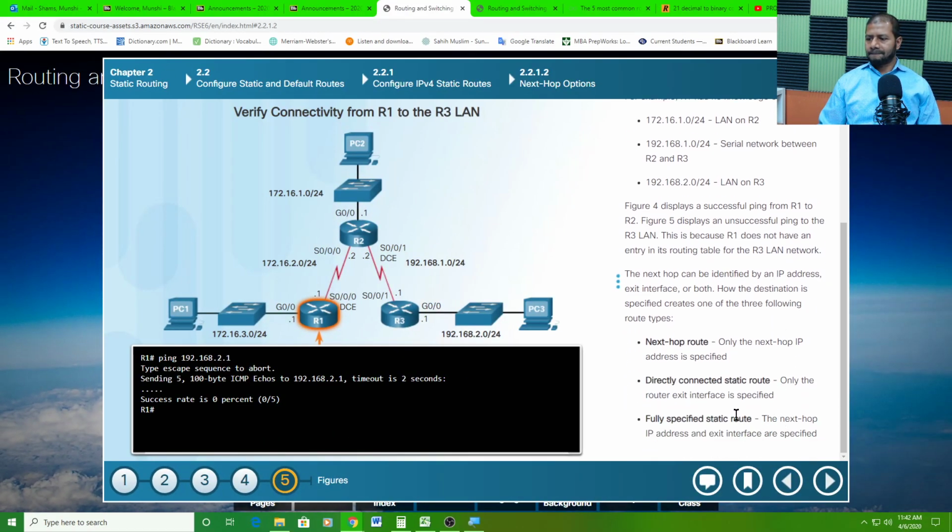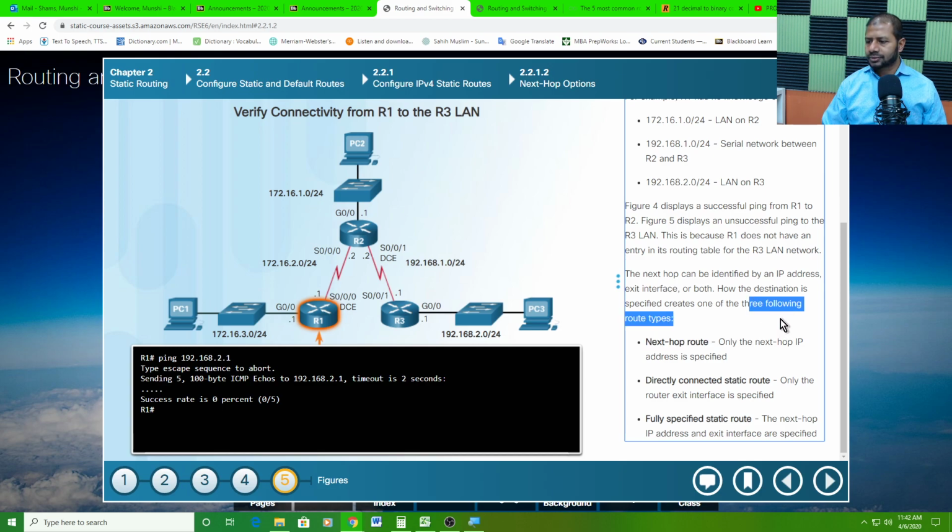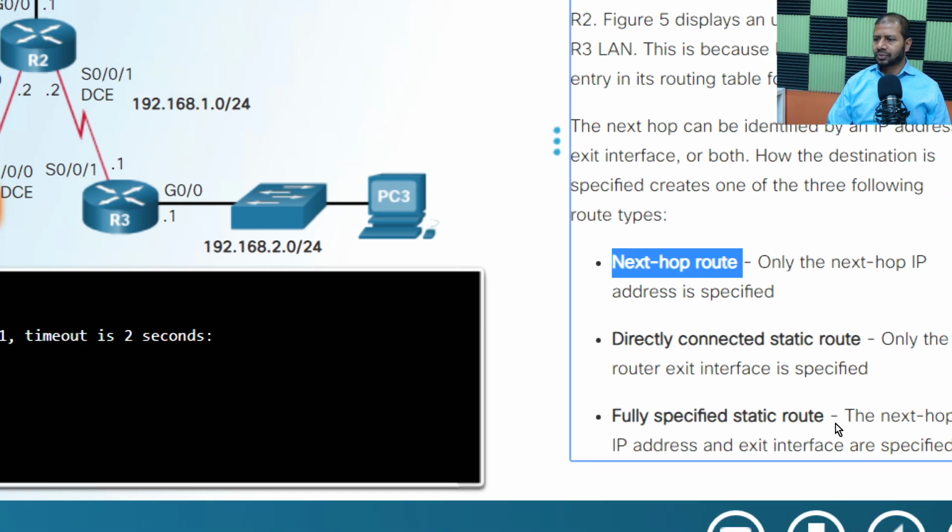Now, an important thing it's telling you here is the following three route types. One is the next hop route. This is important for you to understand. Actually, I should take a moment to tell you this.